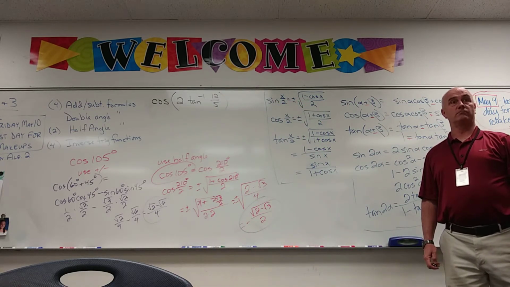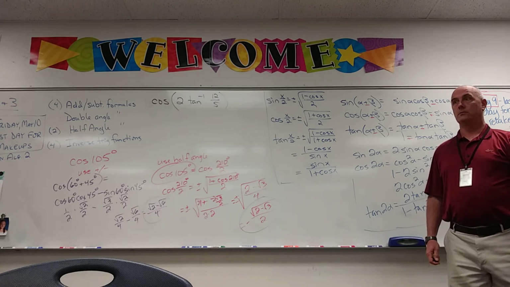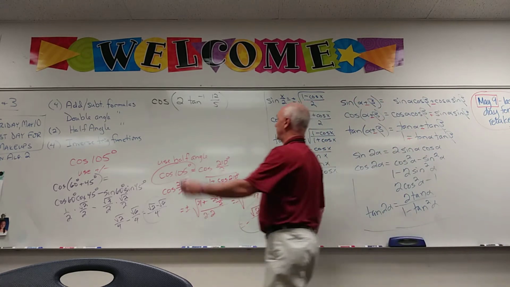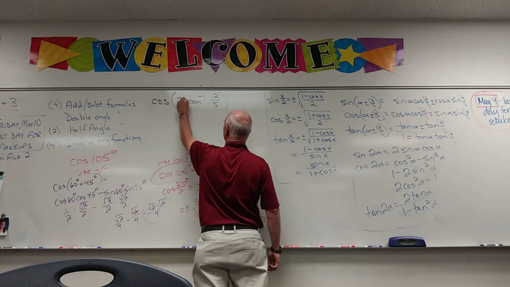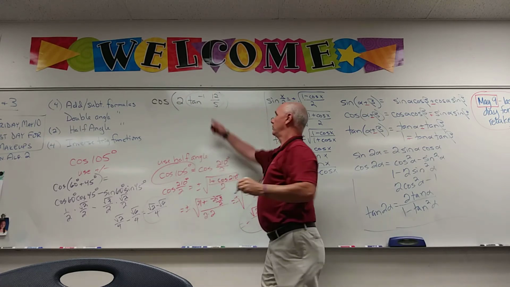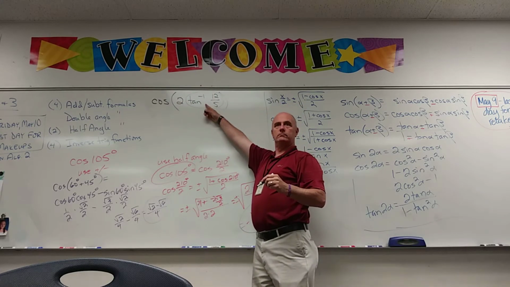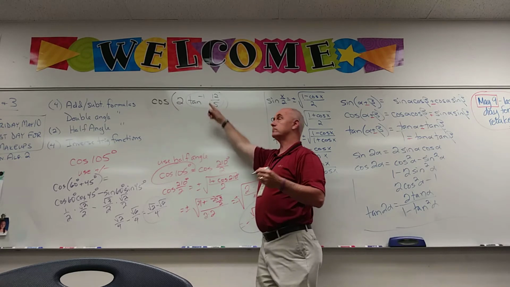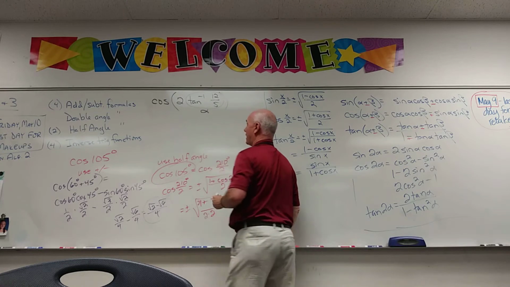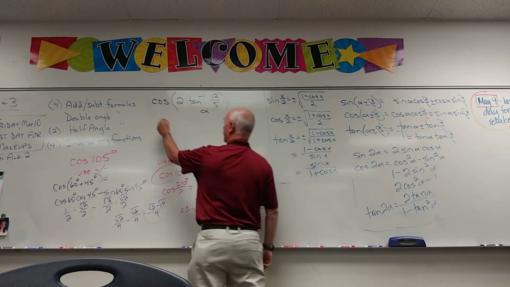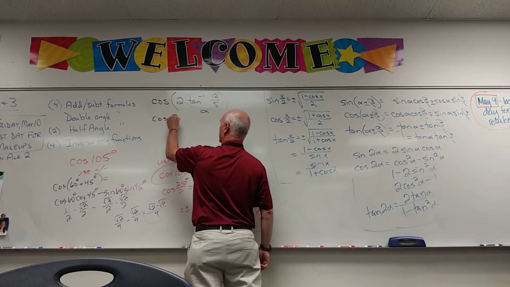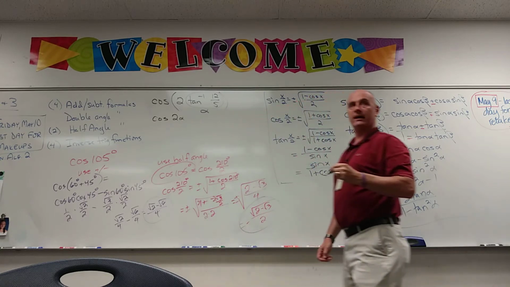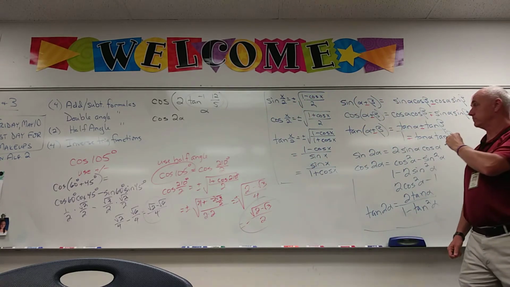Oh, I don't know, could have been. What is this? Well, look at it. It's an angle. Theta, alpha, x, whatever. So if we called that alpha, then what are we trying to find? The cosine of 2 alpha, which, last I checked, is a formula.